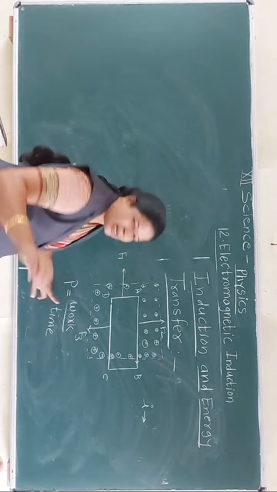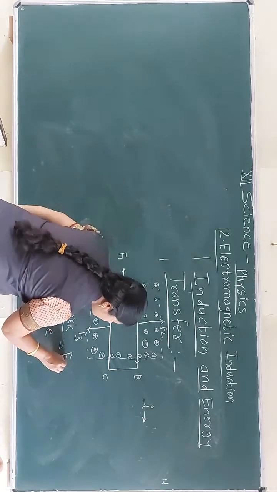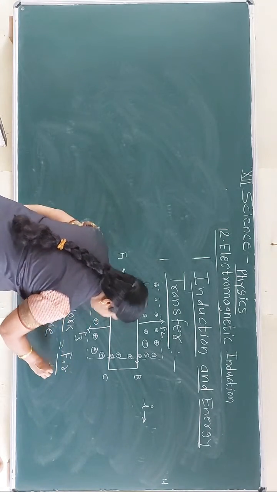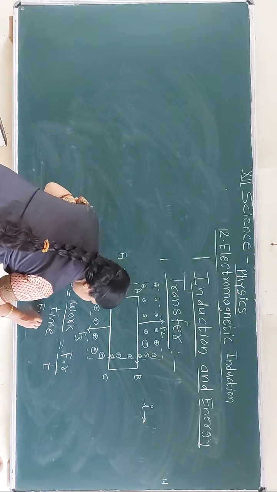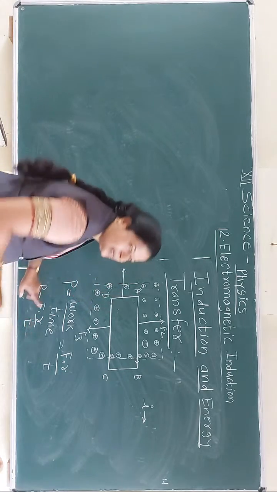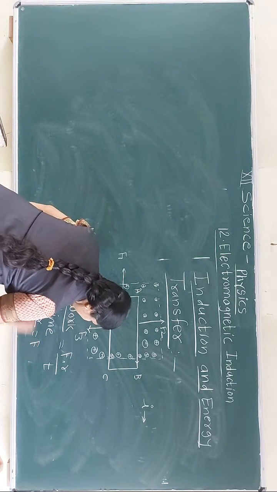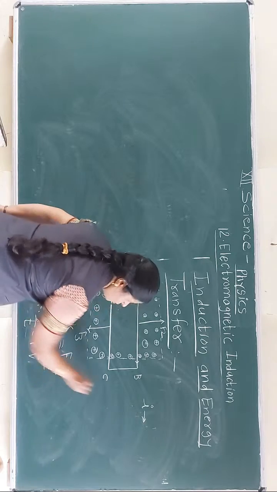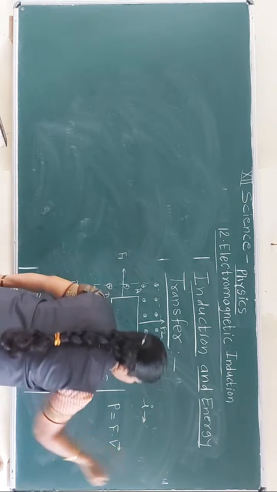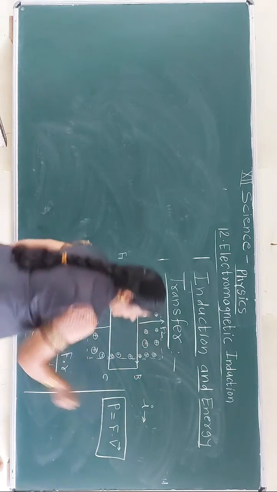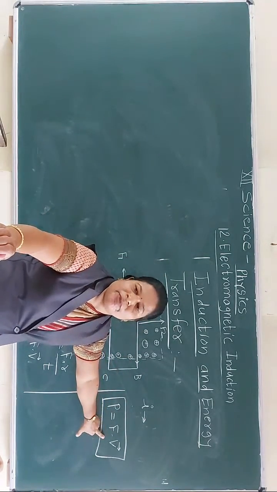Work means force into displacement, so P is equal to F into displacement R divided by time, and R divided by time is the velocity. So we get P is equal to F into V. P means power of the loop. P is equal to force into velocity.